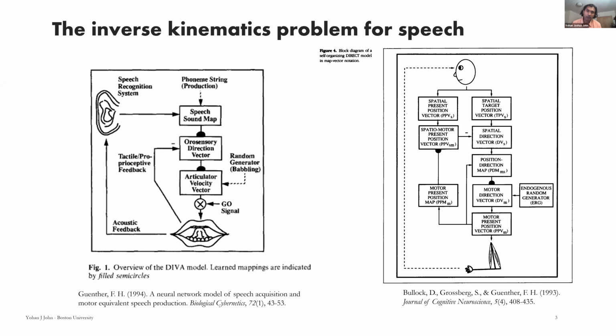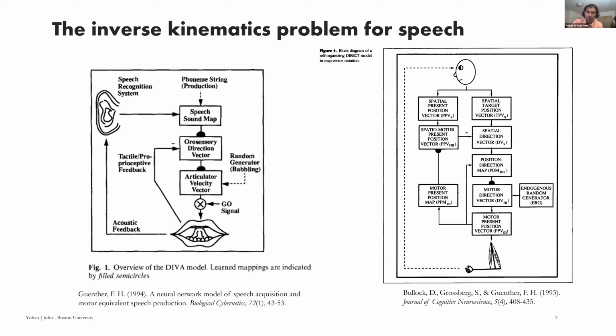Interestingly, that is not present in the DIVA model, or at least in this early version that I looked at. You could say partly because in the case of vision, we are reasonably good at moving without visual feedback. But in the case of hearing, if you plug up your ears, your ability to articulate is quite degraded. So the equivalent of reaching in a blind room is not so clear in the case of sound.